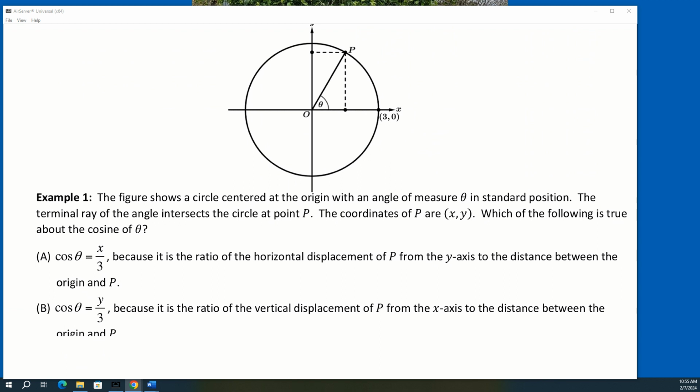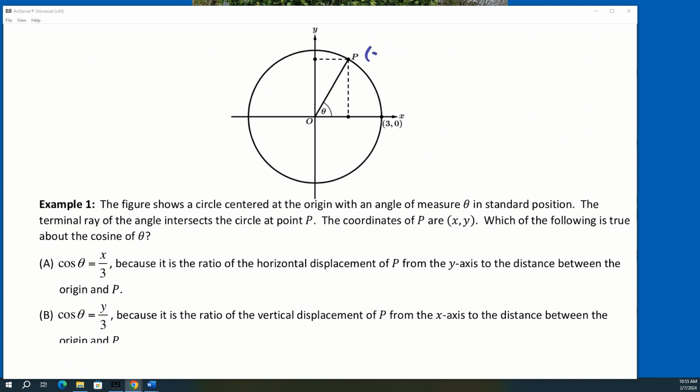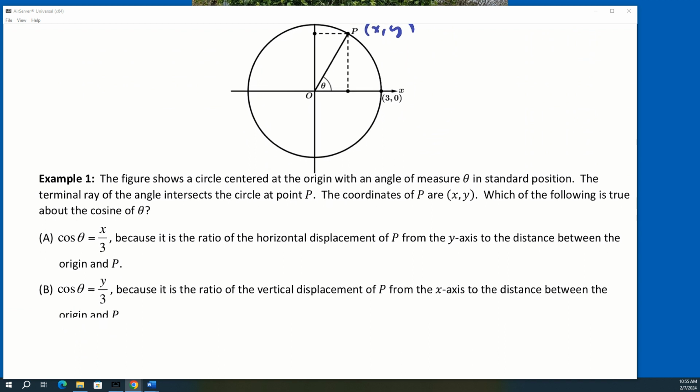All right, so the terminal ray of the angle intersects the circle at point P, and the coordinates of P are x, y. Which of the following is true about the cosine of theta? So you guys read through those choices.